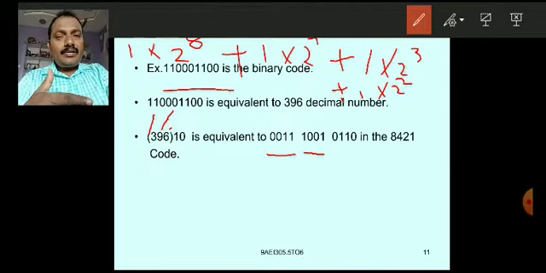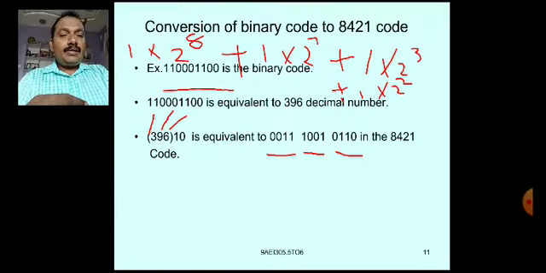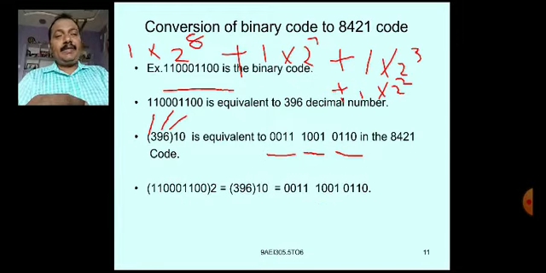For 6, 0110. So this is the equivalent code for 396. That means this binary number is equivalent to this decimal number and its equivalent BCD code. This is the way of converting binary to BCD 8421 code.